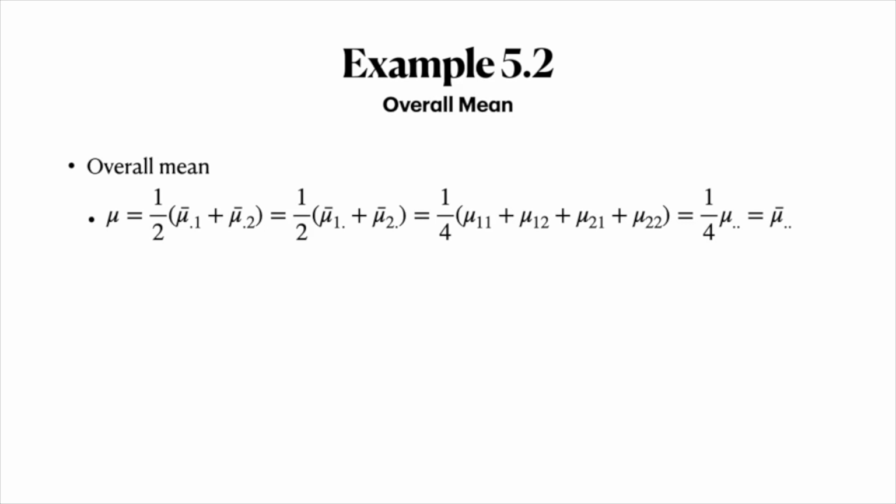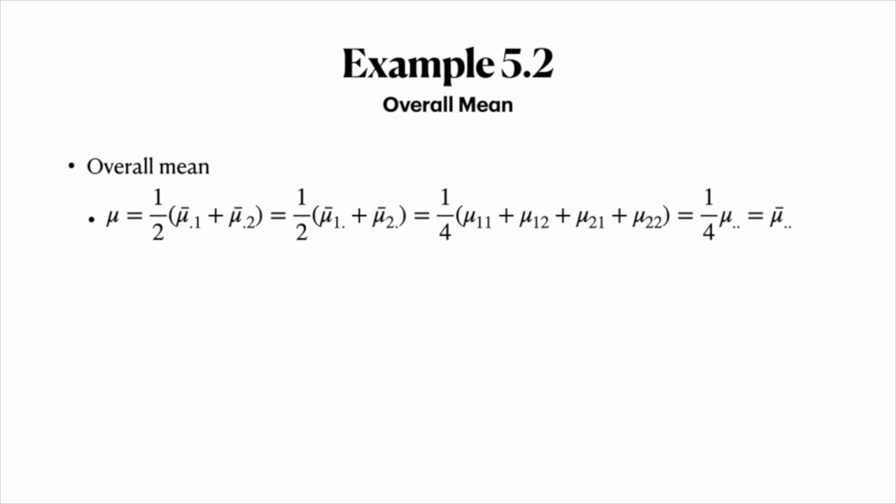In other words, the arithmetic mean of the means of the levels of factor A. That's the second expression. And then finally, we can calculate the overall arithmetic mean of the treatment combination means as the arithmetic mean of all four treatment combinations together, and that is the third expression.